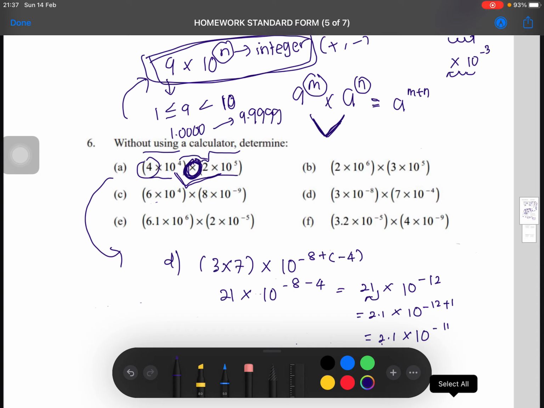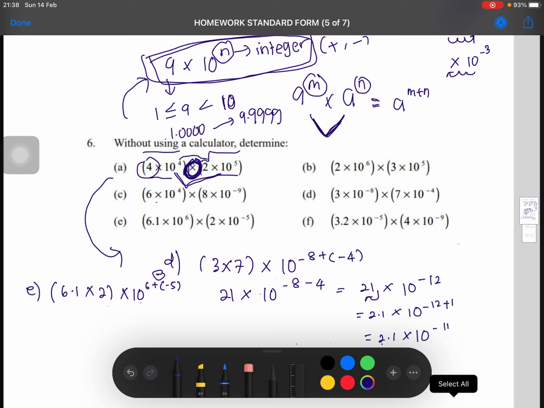Okay? Alright. E. 6.1 times 2 times 10 to the power of 6 plus negative 5 plus minus becomes minus. 6.1 times 2, the answer is what? 6.1 times 2.